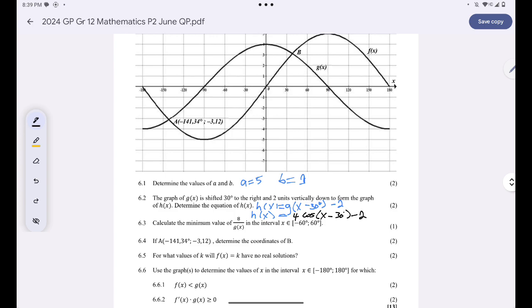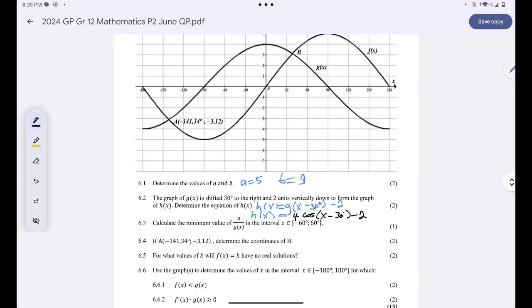Okay, here I'm told to calculate the minimum value of the expression 8 over g of x in that interval. If g is at the denominator, for me to find the minimum value of 8 over g of x, it simply means I need to find the maximum value of g. Why?